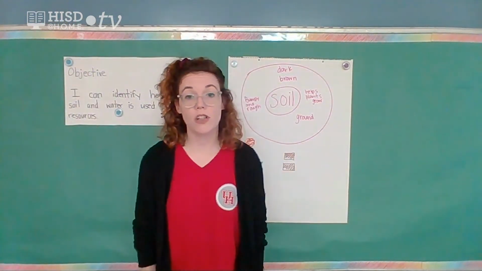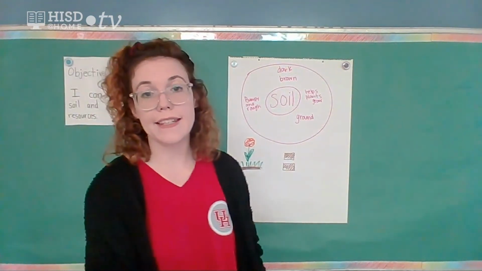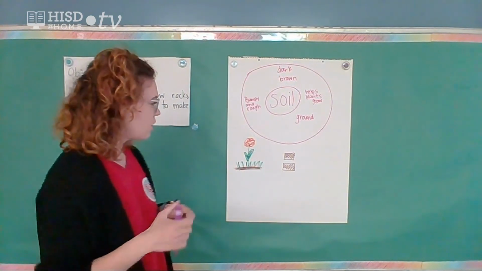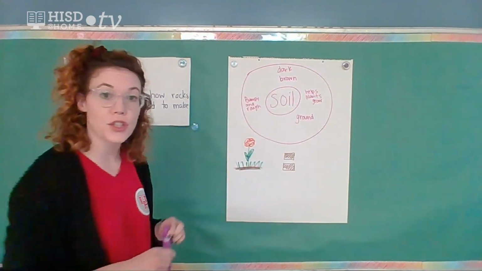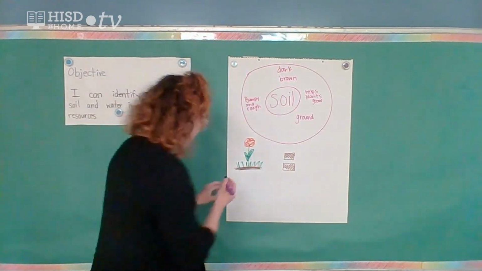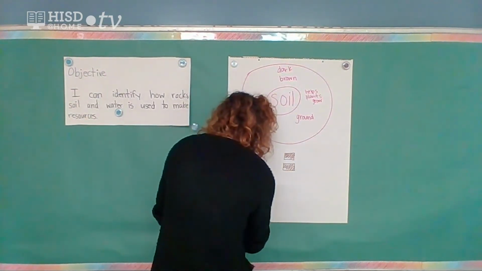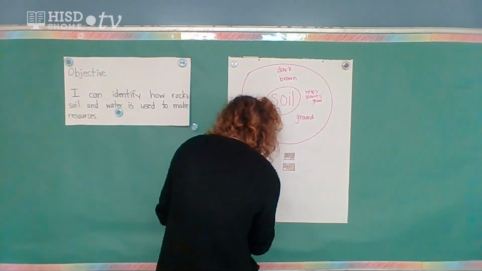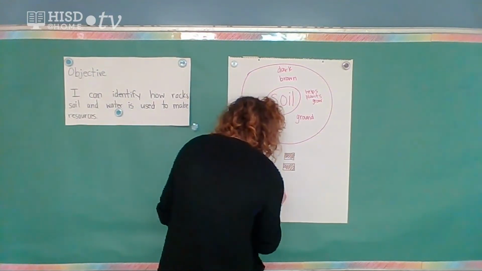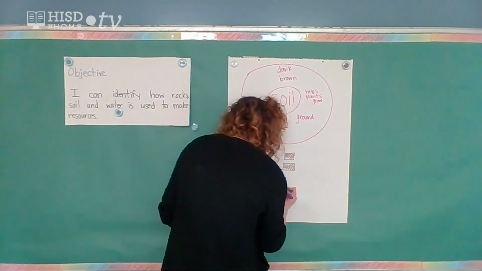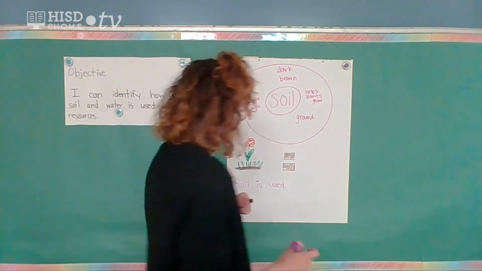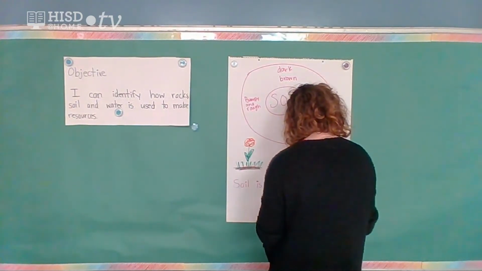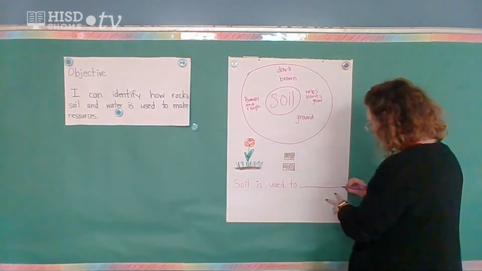All right, we can finish our picture later if we need to. We're going to create a sentence together, and I'm going to leave it blank again. So, soil is used to, I want you to write this with me. Soil is used to plant.